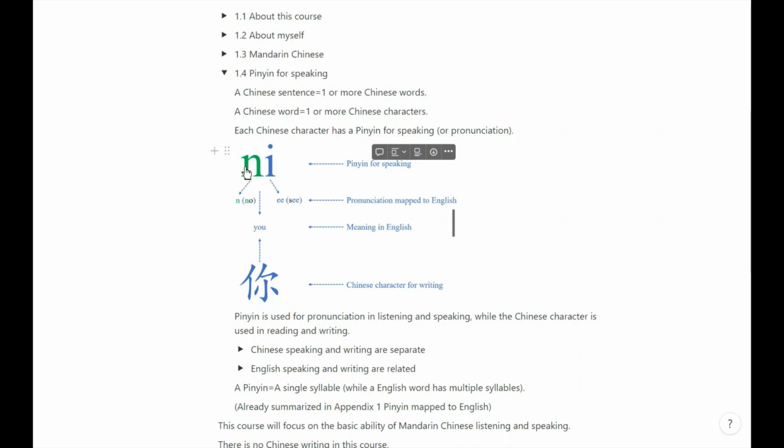So there are two letters of this pinyin, that is N and I. N will be mapped to the pronunciation as N in the English word "no", and I will be mapped to the English letters EE as in "see". So in this way we can pronounce it, putting them together as ni.